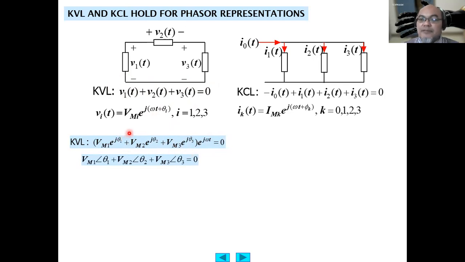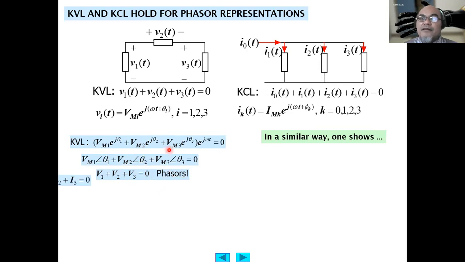Representing them in phasors, this becomes Vm1 with a phase angle of theta 1 plus Vm2 with phase angle theta 2 plus Vm3 with a phase angle theta 3 equals 0. So V1 plus V2 plus V3 equals 0, because these are phasors already. In a similar way, we can show that minus I0 plus I1 plus I2 plus I3 equals 0.